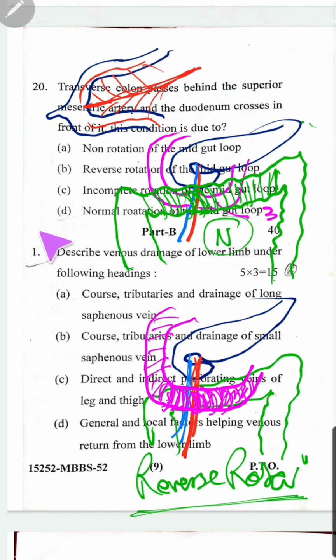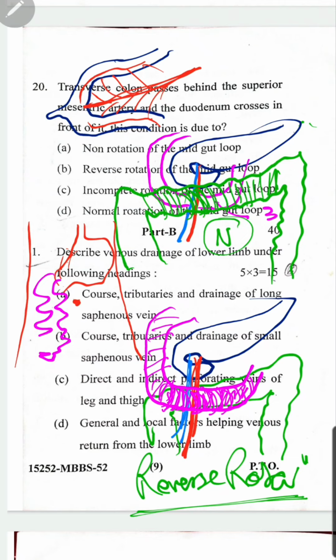Now what happens later on, this is the abdominal cavity, this is the umbilicus, then there you find the stomach and everything like this when you are behind. What happens is that the small loops of the small intestine, including the duodenum and everything, stay on the right side, and the loops of the large intestine, they stay on the left side.